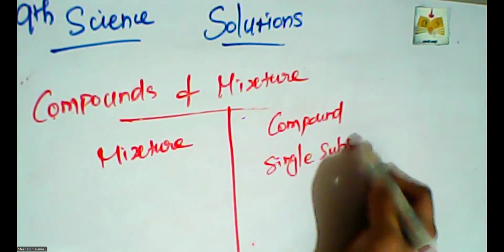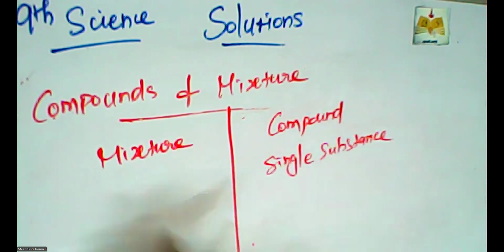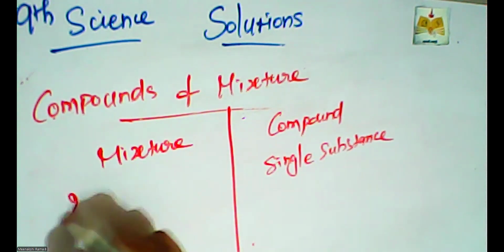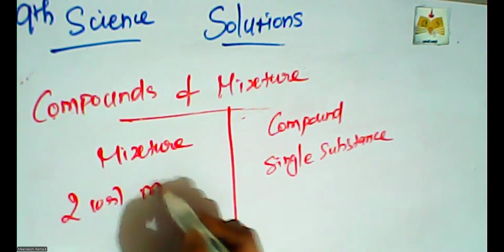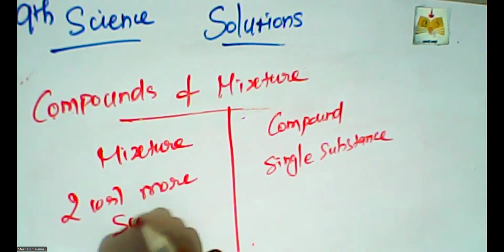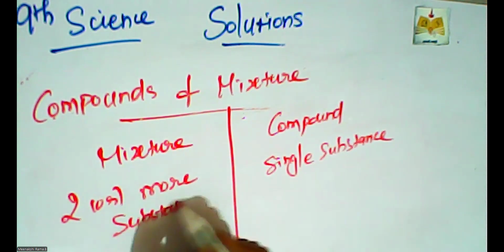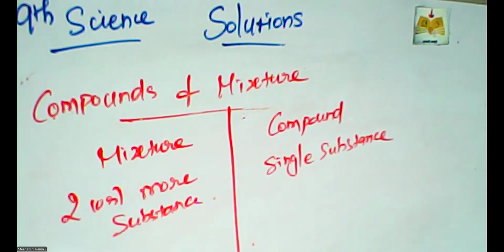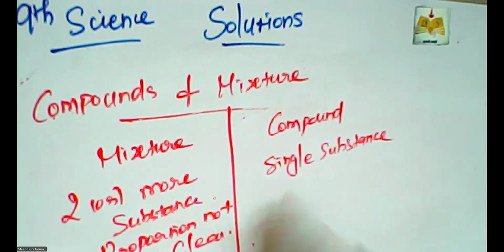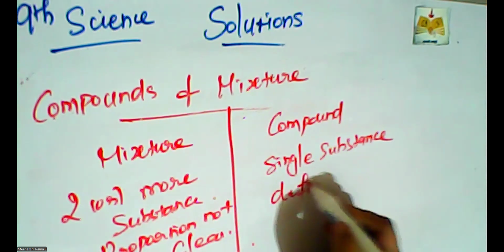First thing, it is a single substance. A mixture means two or more substances. Next, the constituents in a mixture are in any proportion. The proportion is not clear. But a compound has a definite proportion.